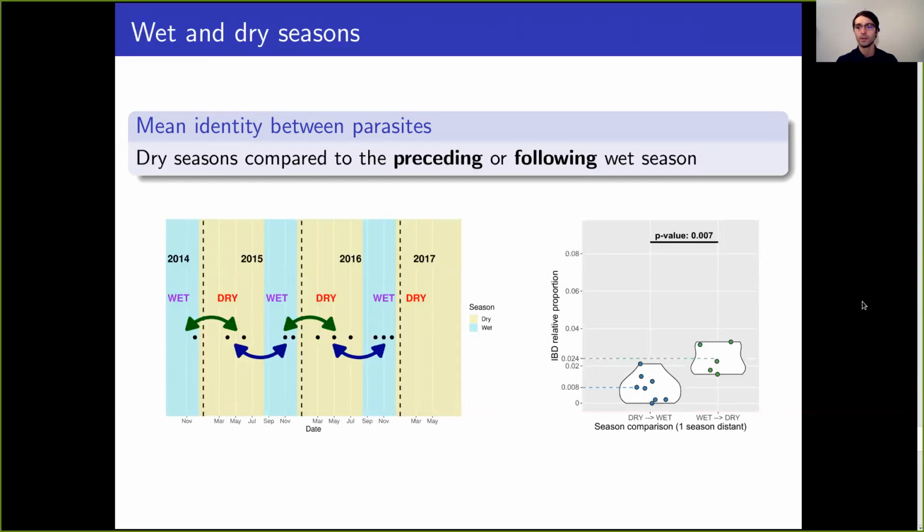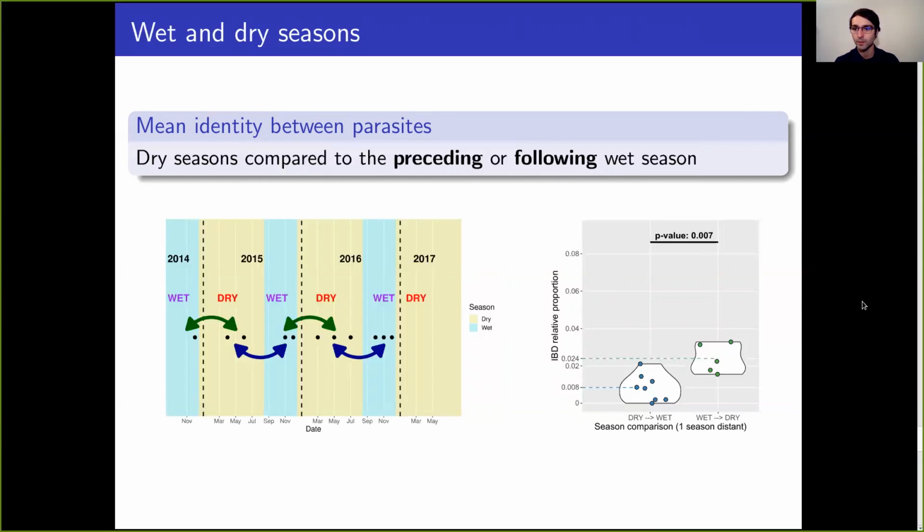The second group would be parasites collected during the dry season with parasites collected during the following wet season. We then compared the IBD values obtained from time points coming from these groups. And on the graph on the right of this slide, you can see the result.